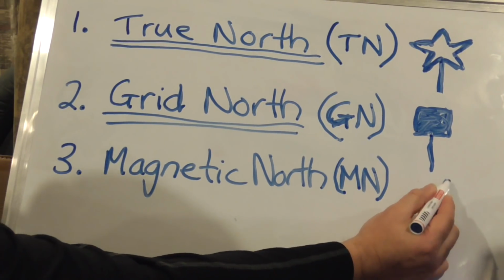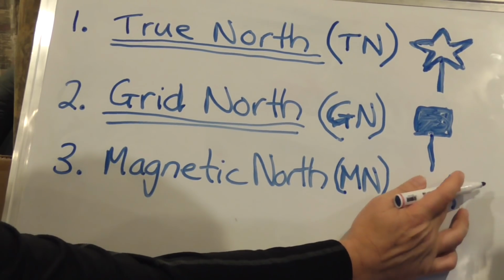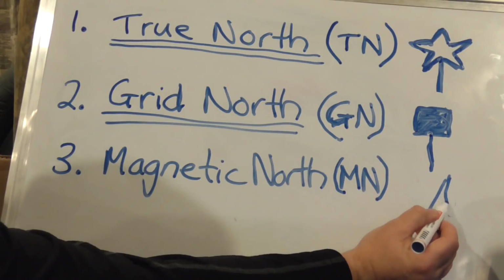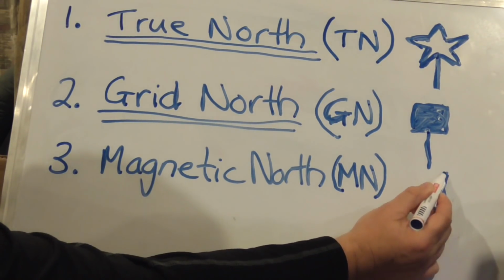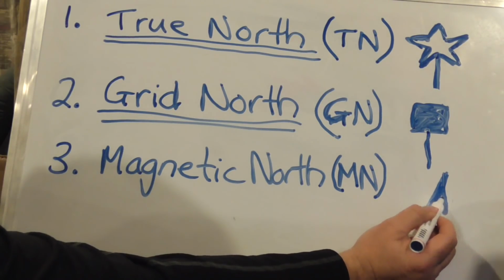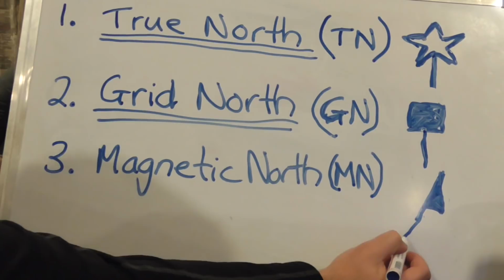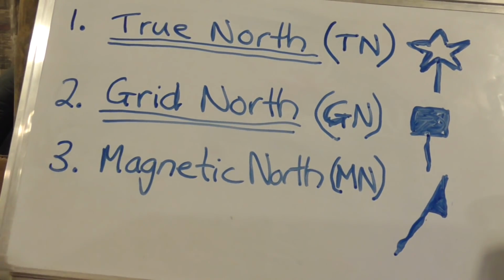It's normally a half arrow, like so, and that would normally come down like that. So it's normally done with a half arrow.